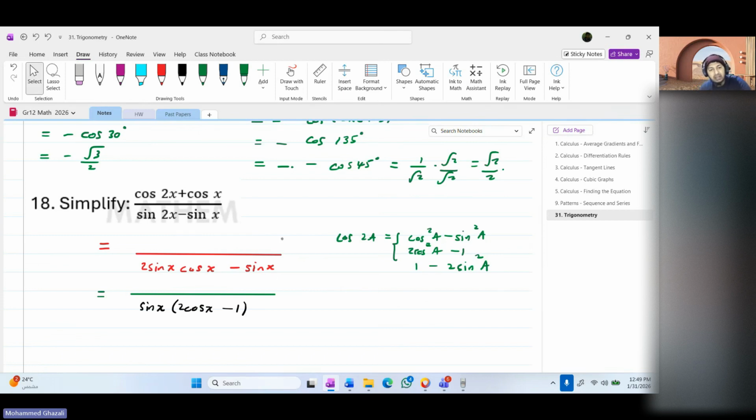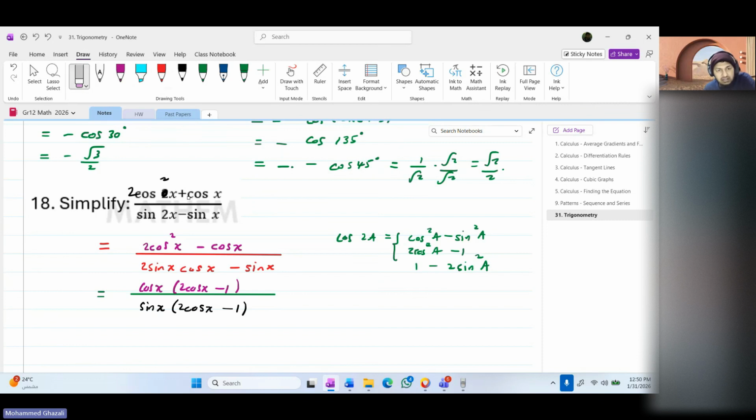Because you see, my idea was to cancel the 2 cos squared x minus 1 with the 2 cos x minus 1 with this. It's supposed to be like that: 2 cos squared x minus cos x. That's fine. I'm going to change this question.